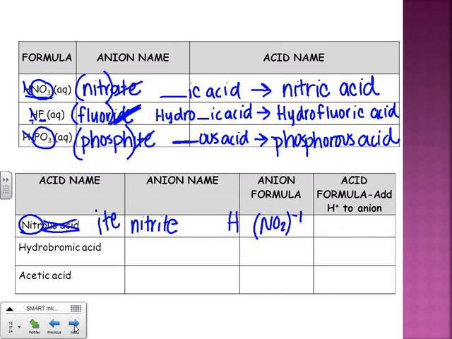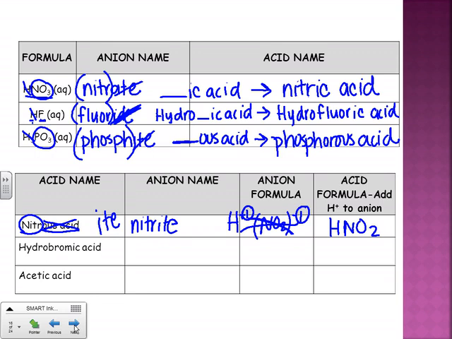So if I have H plus, remember the plus goes in the front part, the first part of the name, and I have NO2 with a -1 charge, I take these numbers, not the charges, and make them subscripts for the opposite element. So if there's one H, I just write H, and then this tells me I have one NO2, so I don't need to put it in parentheses. My formula is HNO2.